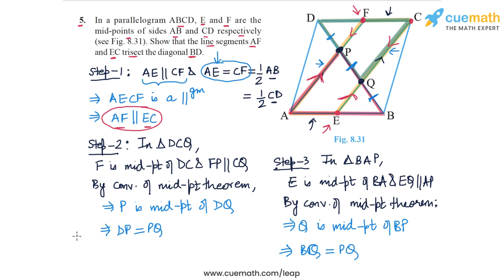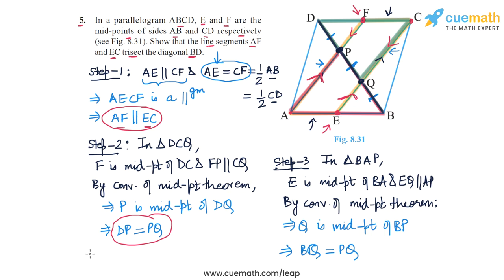So in step 2, we proved that DP is equal to PQ. So actually let's highlight these segments. In step 2, we proved that DP and PQ are equal. In step 3, we proved that PQ and QB are equal. So what does this mean? It means that all the three segments, DP, PQ and QB, are equal.